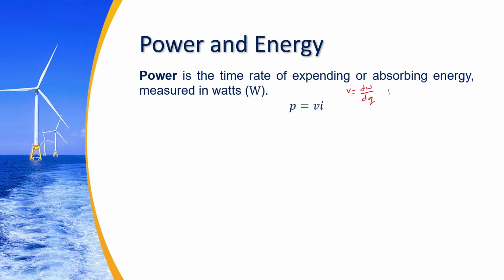Ano naman formula natin ng current? Charge over dt. So, work over dq multiplied by dq over dt. Cancel out yung dq. Matitira is dwork over dt. Ito yung isang formula ng power in terms of work.